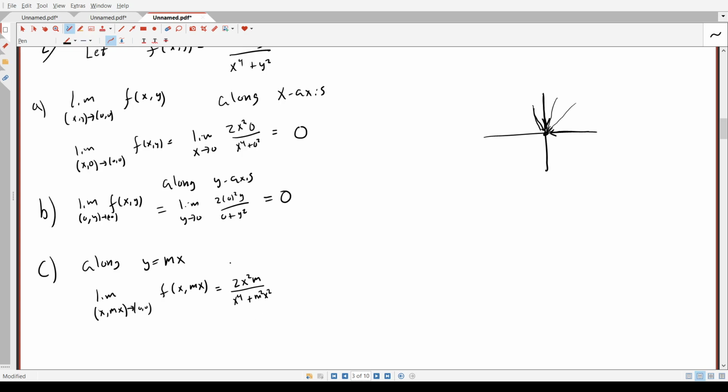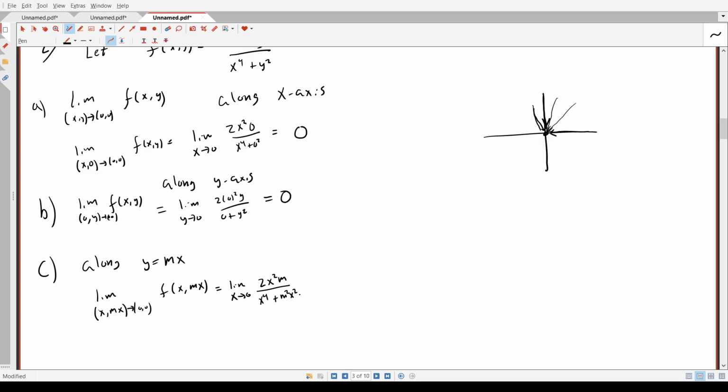Okay, and now we still want the limit. So we're looking at this thing and we still want the limit, but now we just need to let x go to 0. Okay, so if I plug in 0, I get 0 over 0.